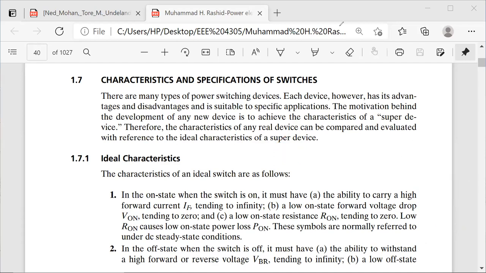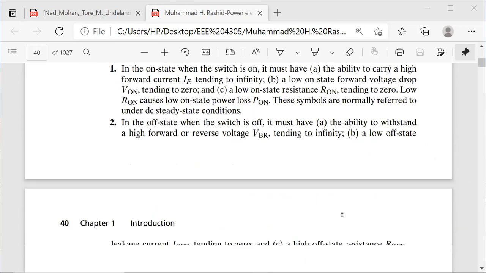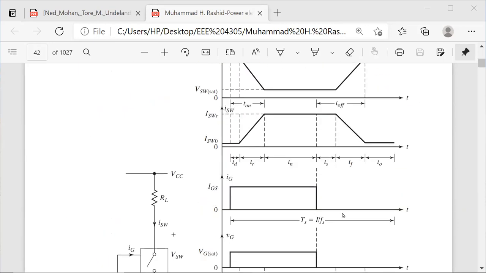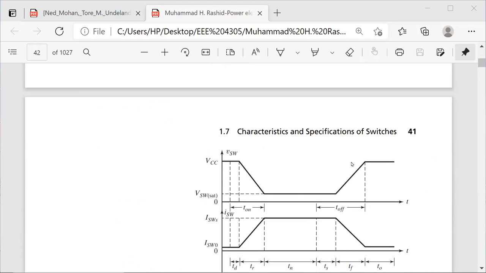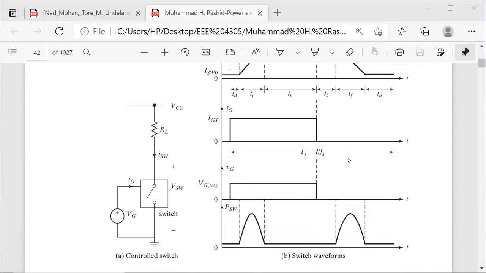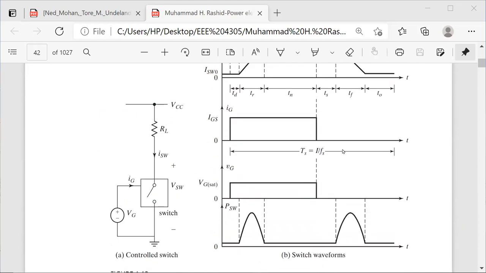Now you can have a look at this one and practice the practical device. We have already told you how the current will go and the voltage will go down if this is a switch. We have given this figure from Ned Mohan.